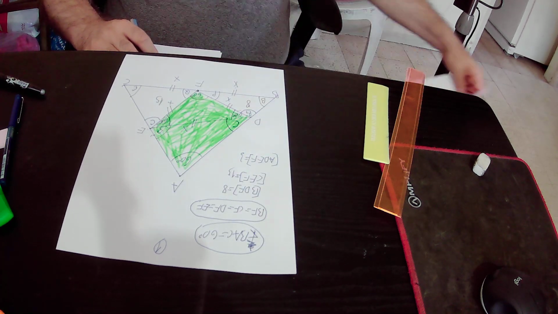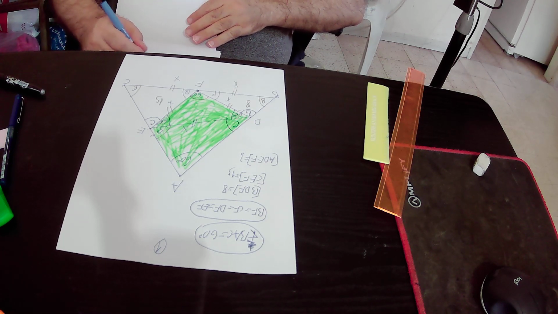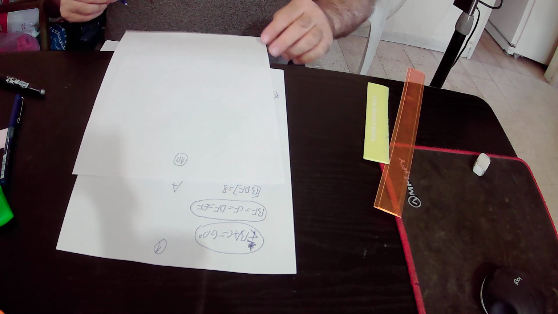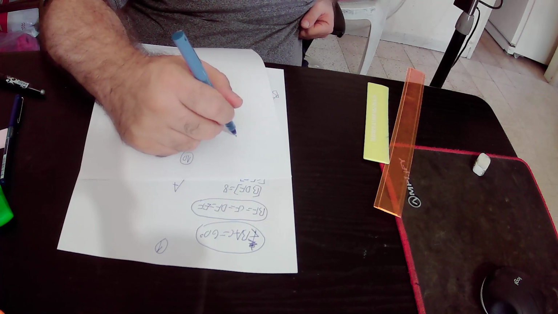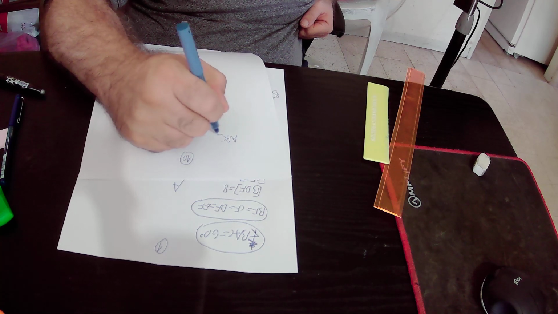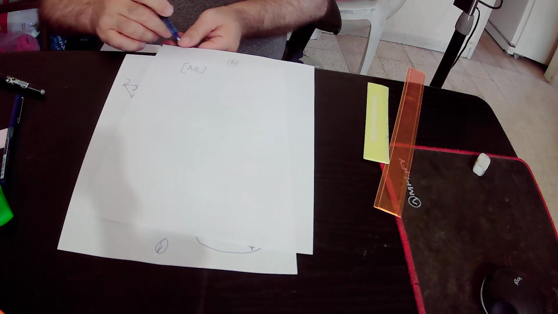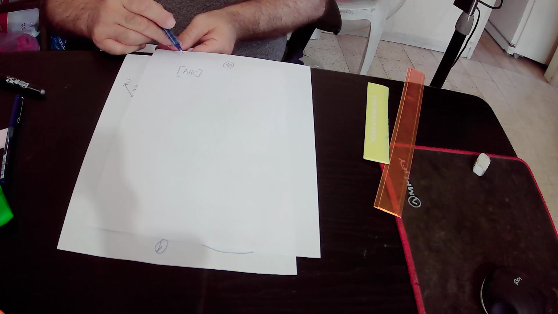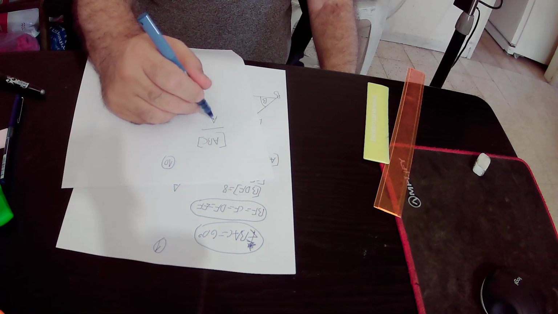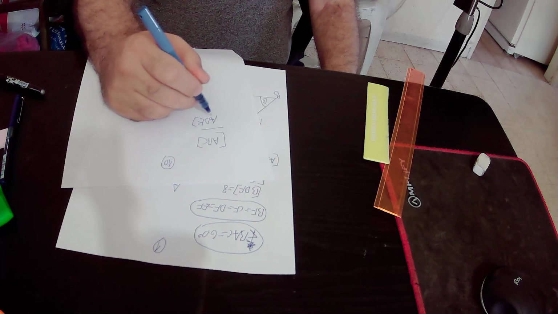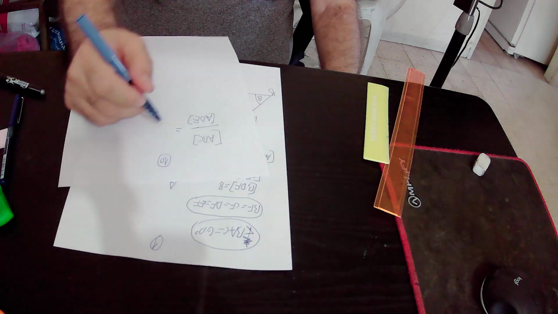So according to rule number 3, if we divide the area of triangle ABC by the area of triangle ADE, it equals the square ratio of the corresponding sides.